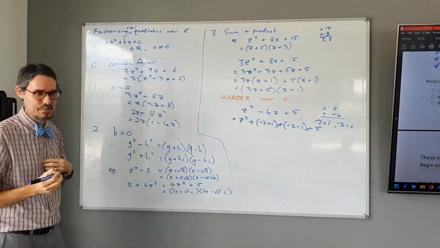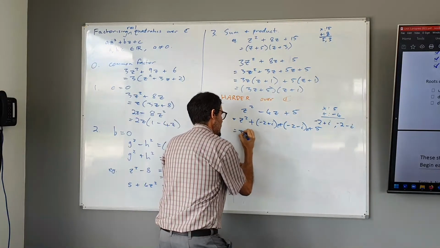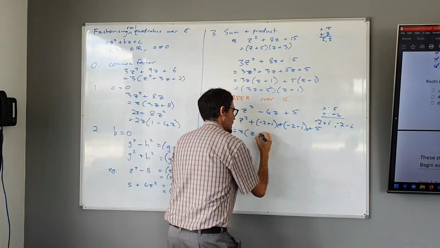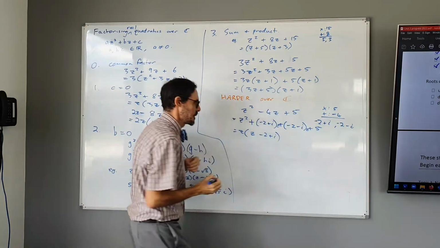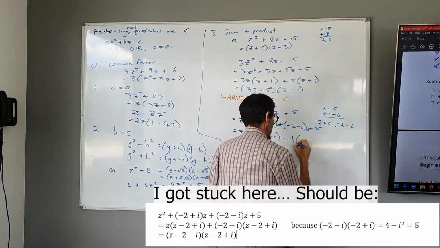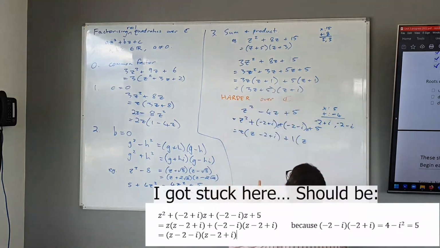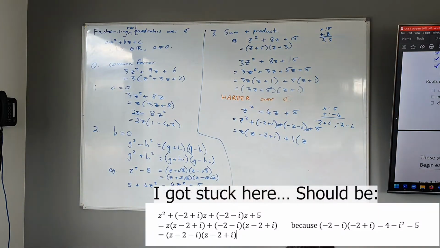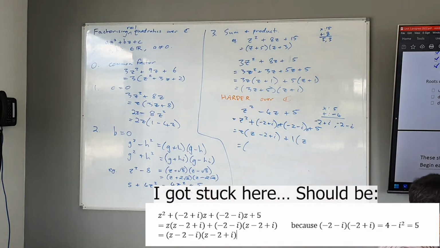You can. z, take 2 plus i, plus 1. What I'm looking for is, no, this is wrong. I'm just going to skip that.